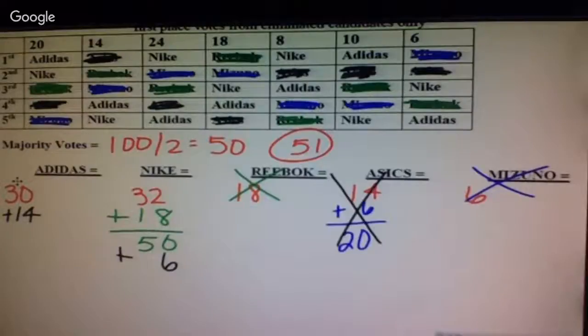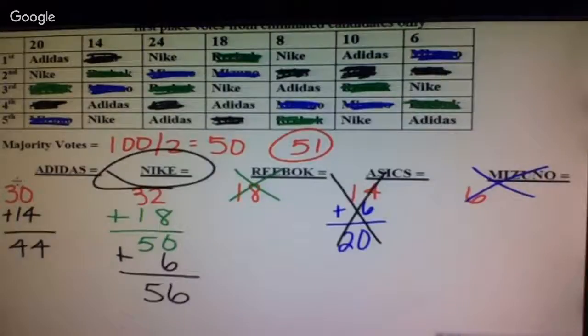That's going to be the only problem, when they have points from 2 different columns, you've got to pay attention and see where each one of the points go. Because Asics got their points from 2 separate columns, you've got to do each set of the points separately. Okay, so the 14 went to Adidas, so we're now at 44, and Nike's now at 56. We've got a winner, and that winner is Nike.